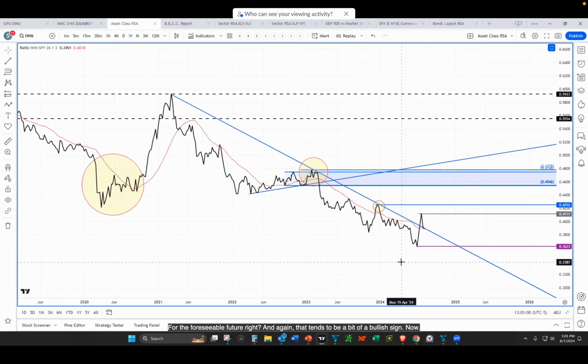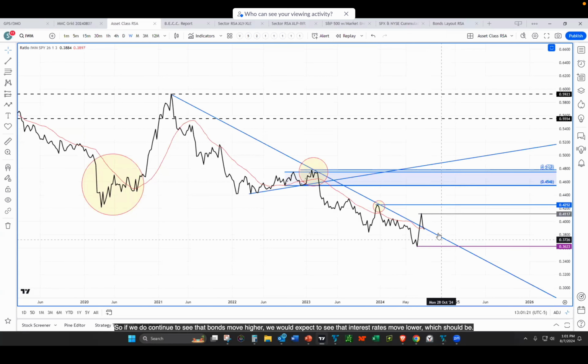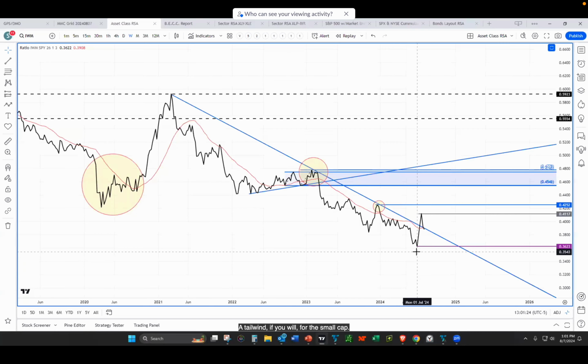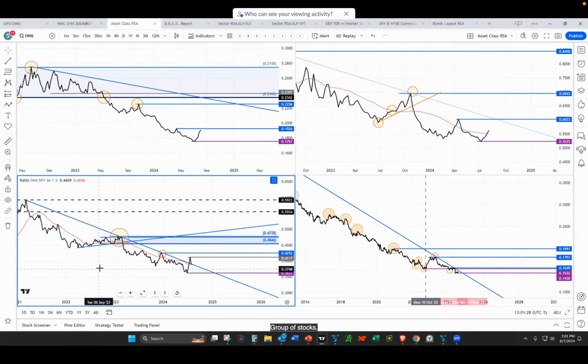And again, that tends to be a bit of a bullish sign. Now, to take it a step further, one of the things that you'll be mindful of is that these stocks are very interest rate sensitive. So if we do continue to see that bonds move higher, we would expect to see that interest rates move lower, which should be a tailwind, if you will, for the small cap group of stocks.